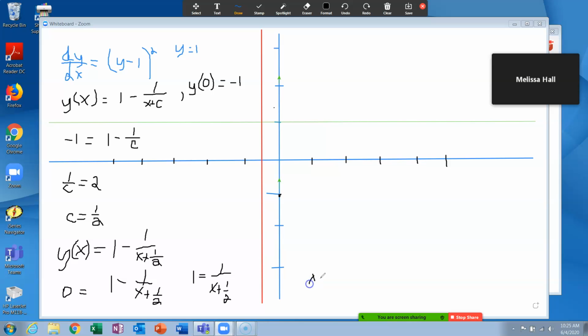So x plus 1/2, ooh, that's an ugly 2, is equal to 1. So that means x is equal to 1/2, which looks like it makes sense, right?